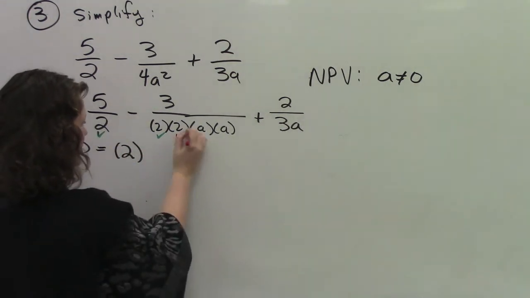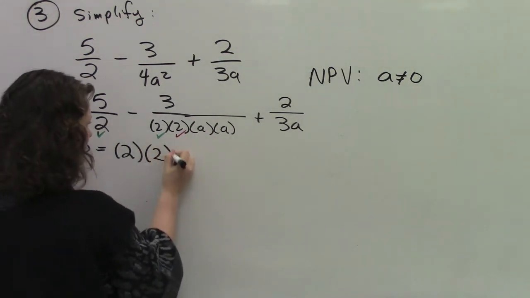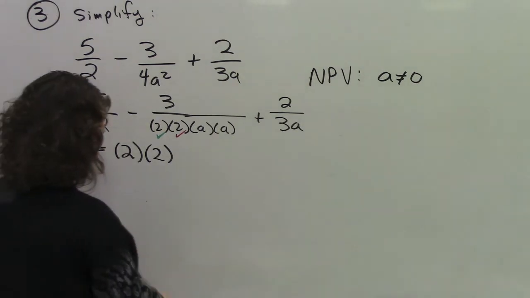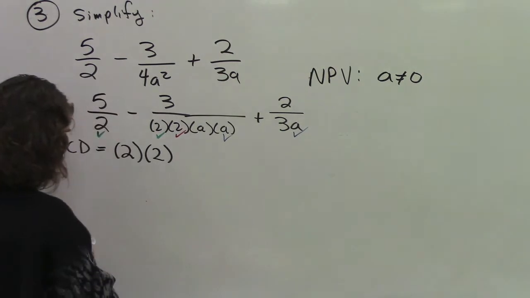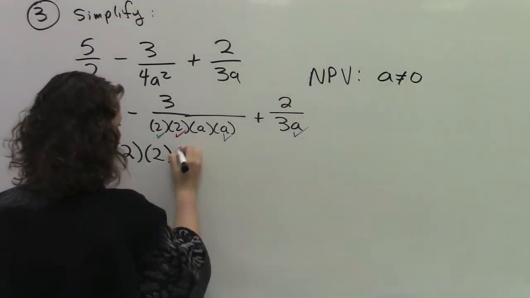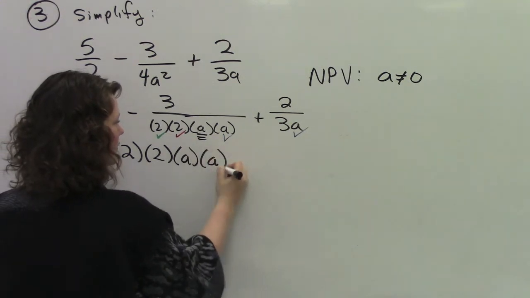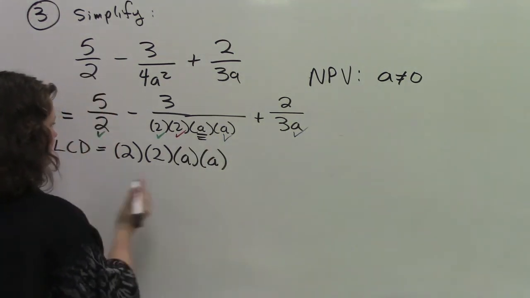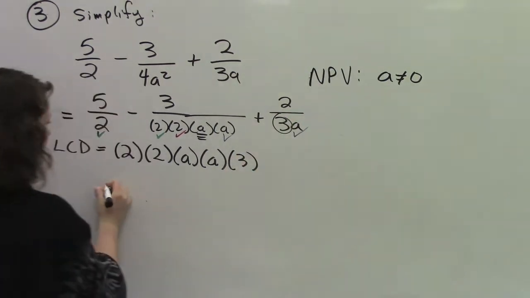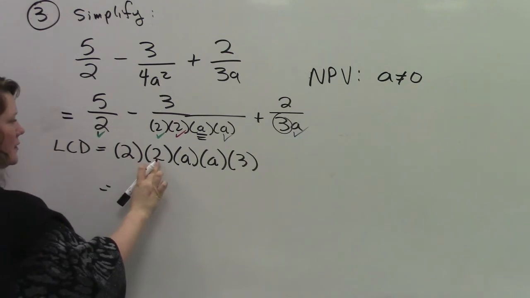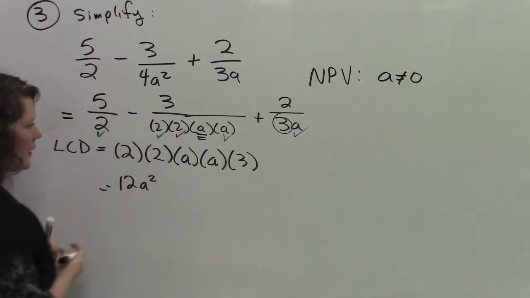We also have an extra 2 that doesn't correspond to anything, so we need to multiply by 2 again. This a corresponds with this a, so we multiply by a. But we have this a again. The only thing that's left is this 3, so we need to multiply by 3. So our lowest common denominator is 4 times 3, which is 12a squared.